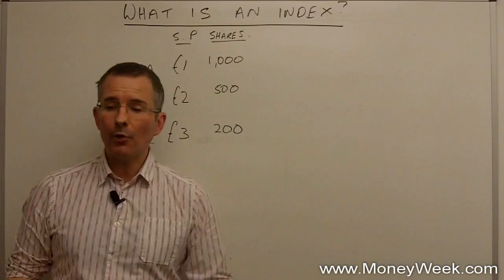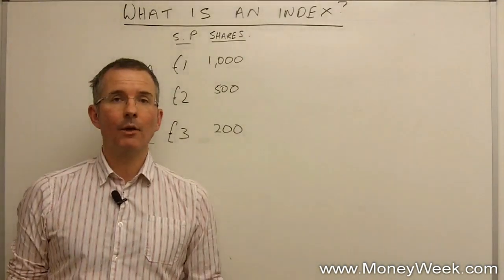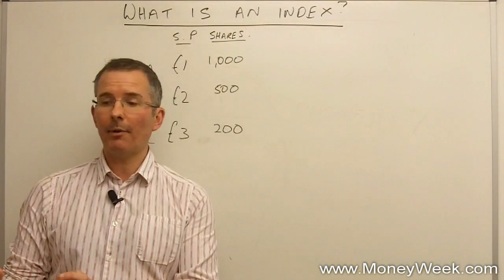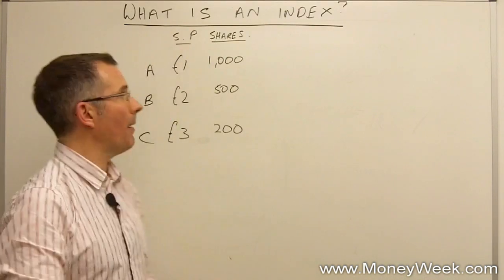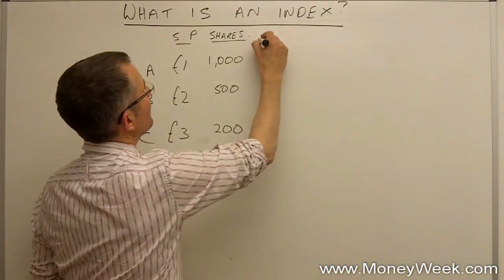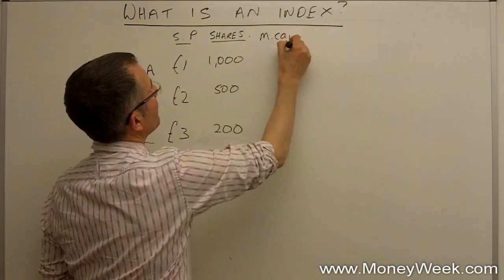From there, we could work out what's called a market capitalization. We could take the share price, multiply by the number of shares they've issued that are out there trading, and come up with a market cap. So let's do that and see where we've got to.